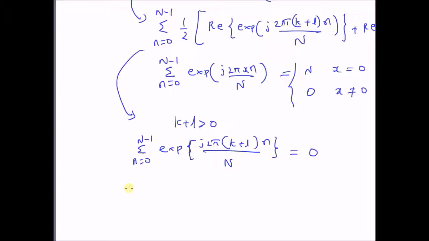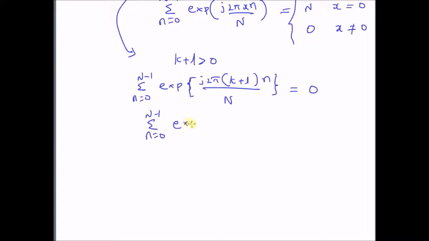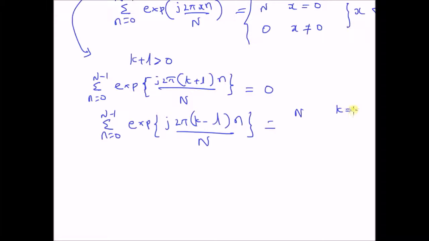And similarly for the second sum we have n equal to 0 to N minus 1 of exponential of j times 2 pi (k minus l) multiplied by n over N is equal to N for k equal to l and 0 for k not equal to l.